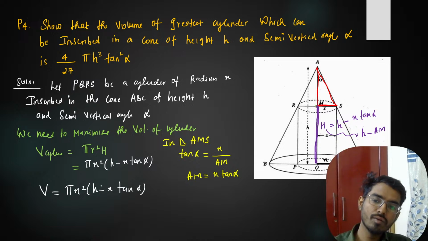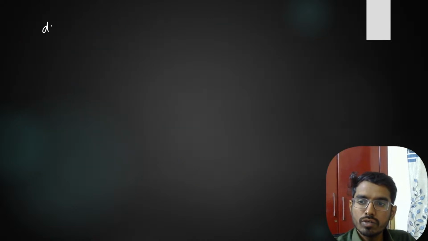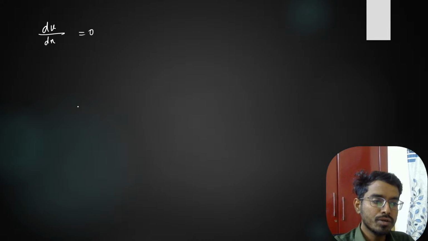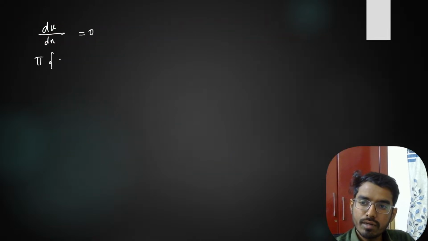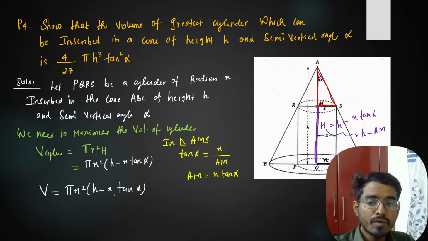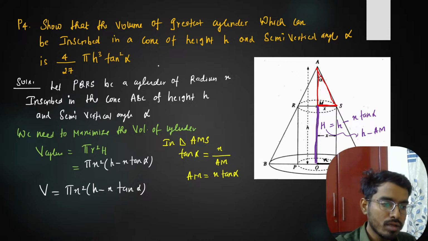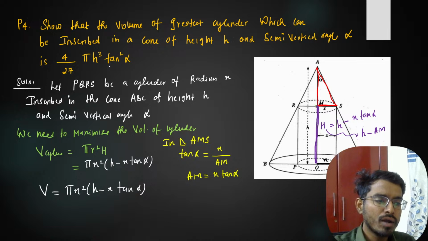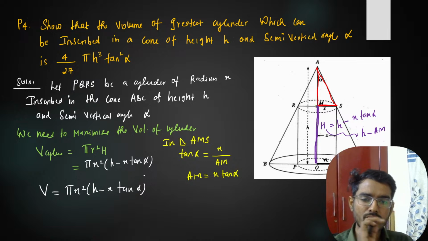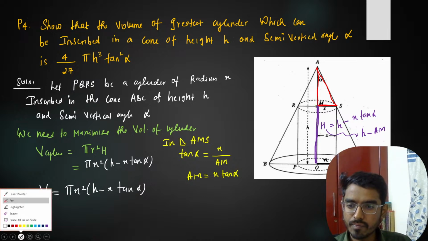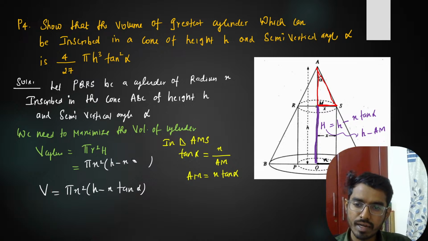To maximize this function, we need to find the critical points first, so we will take dv by dx equal to 0. Okay, I think I made a mistake.